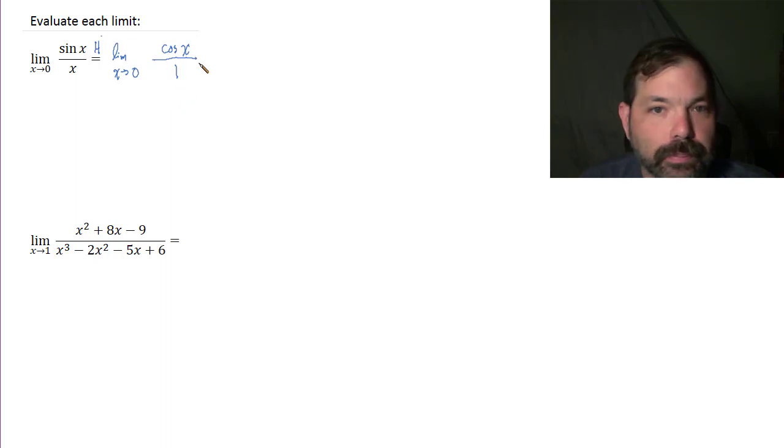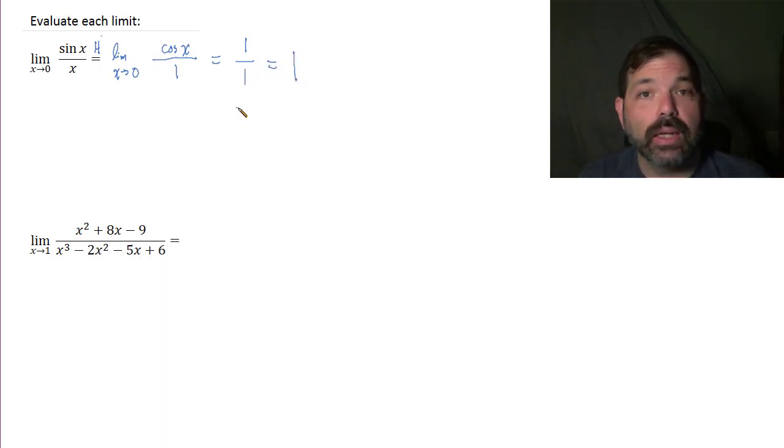So then this is just the limit as x approaches 0 of cosine x. As x approaches 0, cosine x approaches 1, and 1 is constant, so that's 1. And so this limit is 1, which is the same result that we got earlier with the geometric argument and the squeeze theorem. The method works. And we won't prove it, the proof of the theorem is well beyond the scope of this course, but we will use the theorem.